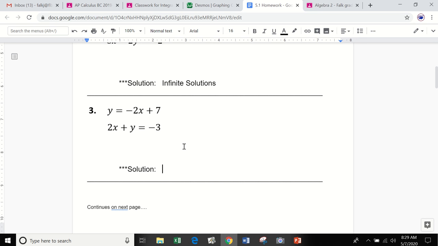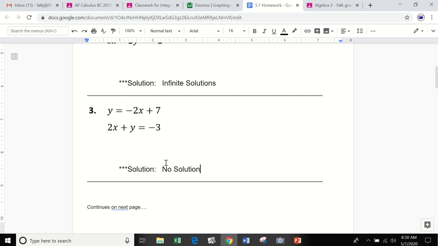I'm getting a little long-winded and very thorough, but it's a good thing. So again, the graphed lines don't share any points in common. In other words, these two equations don't share any solutions in common. They don't cross anywhere. And so that means there is no solution at all to the system.